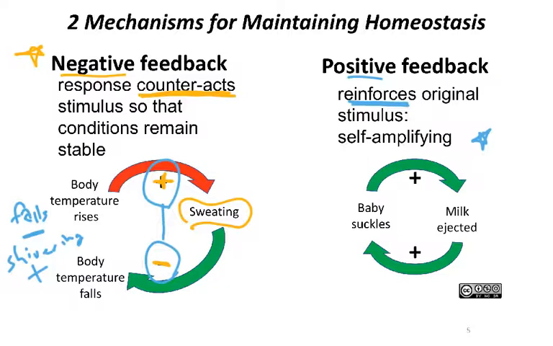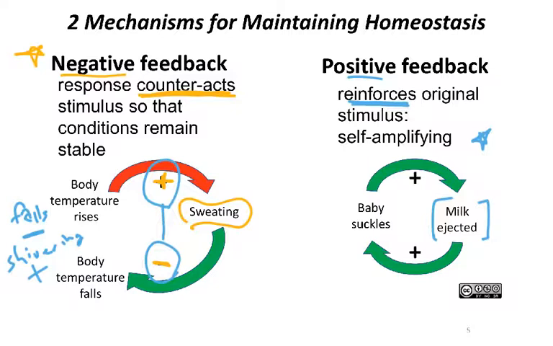One of the examples of a healthy positive feedback mechanism involves breastfeeding. A baby suckles at a woman's breast, and through a complex chain of events, that stimulation of the breast leads to milk ejection. When the milk is ejected, that makes the baby suckle harder, which makes more milk be ejected.